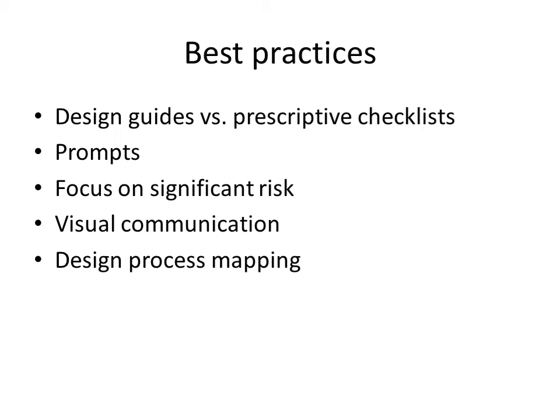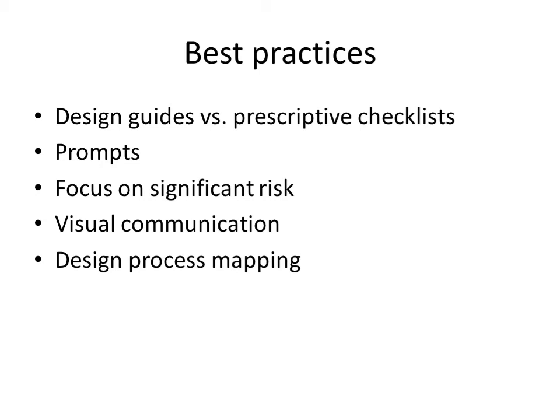In parallel with the broader industry survey, a number of case studies were conducted to identify characteristics of best practices. It was identified that design guides were preferred to prescriptive checklists because they better supported the creative design process, and prompts about constructability, maintainability, and operability were utilized during the design process.